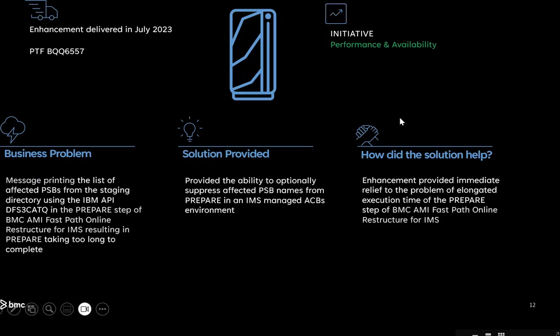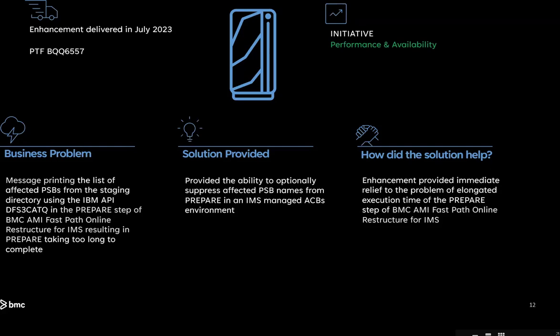So yeah, moving to story number 4. Again, the business problem. It's the same product, BMC AMI FastPath Online Restructure for IMS. The problem reported by the customer was due to the way the product was initially designed to find the list of affected PSBs from the staging directory using the IBM API DFS3CATQ in the prepare step, right?